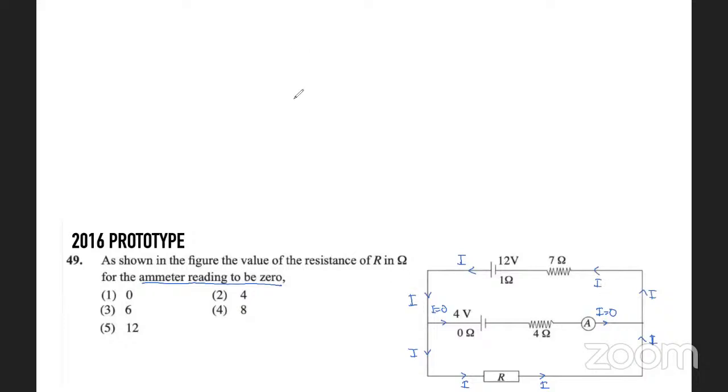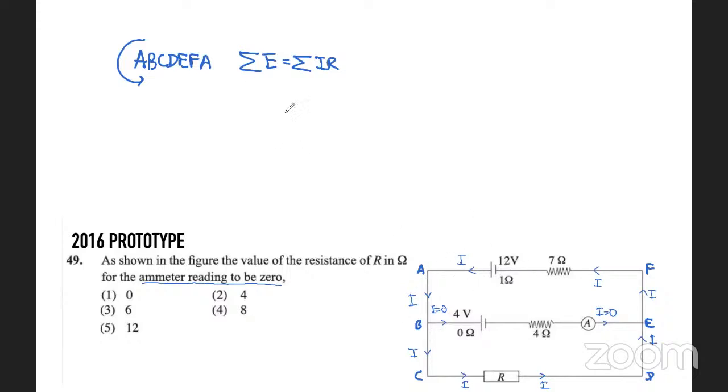You know why? Because we can apply Kirchhoff's law for the outer loop. If I mark this as A, B, C, D, E, F, you can apply the equation for A, B, C, D, E, F, A, in the clockwise direction: sigma E equals sigma IR.